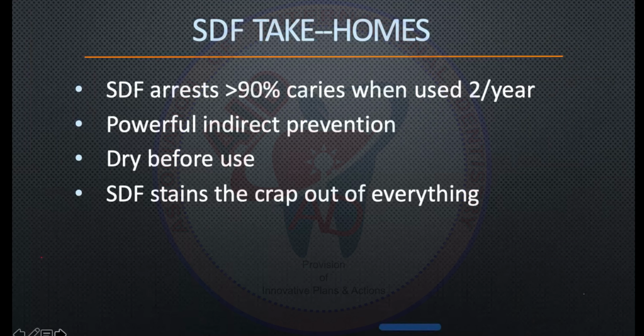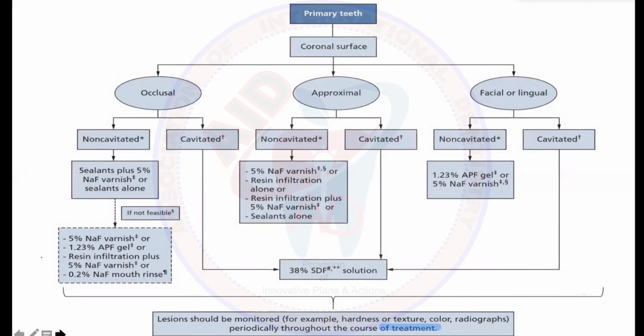It has an indirect prevention, dry before use, and it stains everything you apply it to. In a nutshell, for primary teeth, if we divide the coronal surface into occlusal, approximal, and facial-lingual, then the recommendations are we can use 5% sodium fluoride varnish or 1.23% acidulated phosphate fluoride or resin infiltrate along with 5% sodium fluoride or 0.2% sodium fluoride varnish every week, but not for younger children.